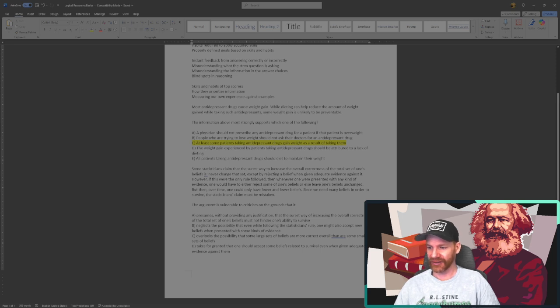And this takes for granted that one should accept some beliefs related to survival even when given adequate evidence against them. Oh wait, no, it doesn't track actually, because it breaks the rule.